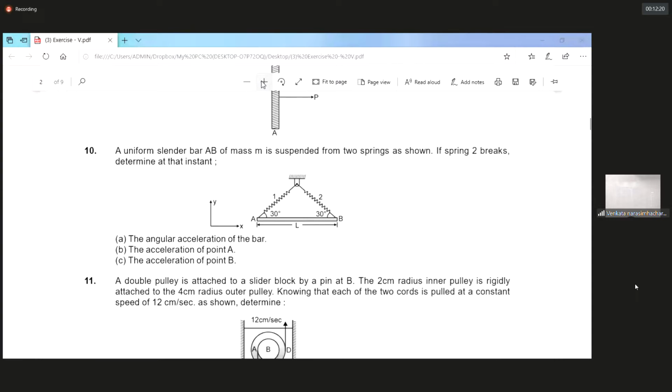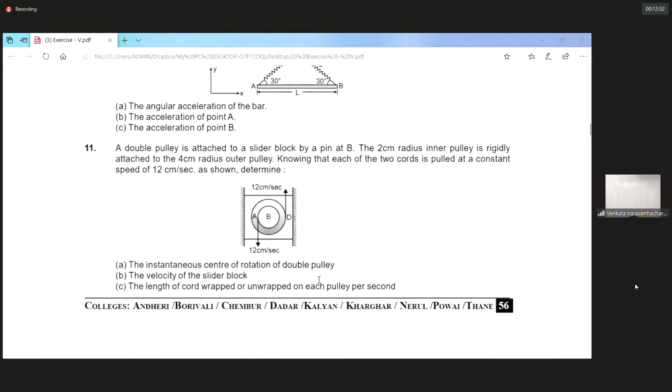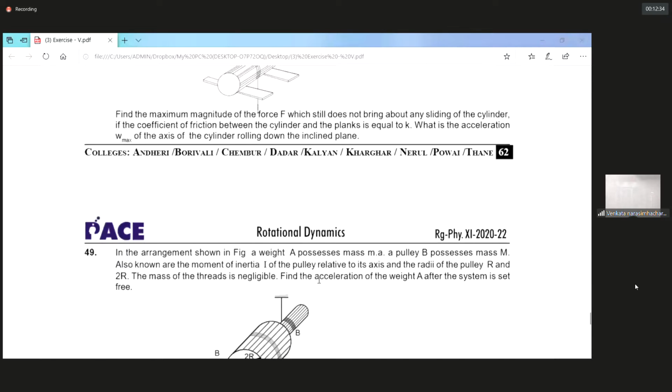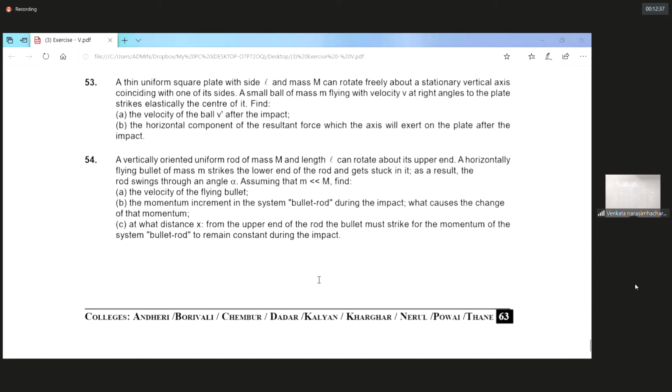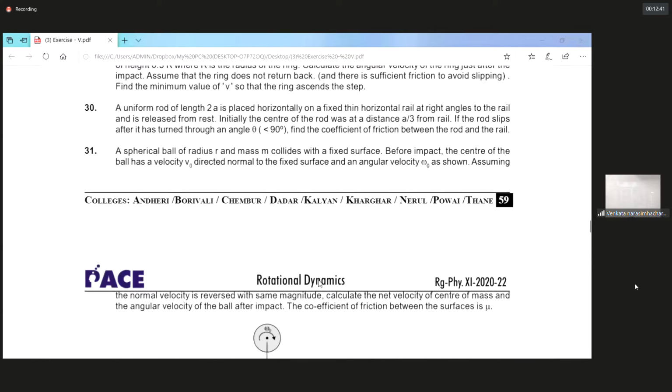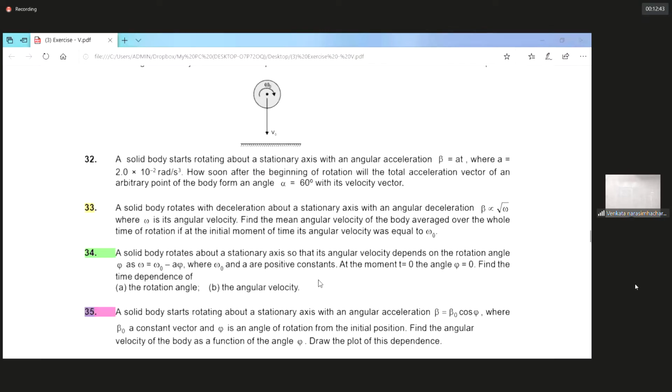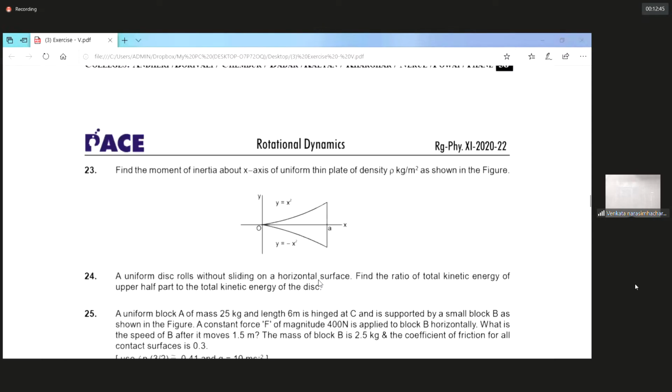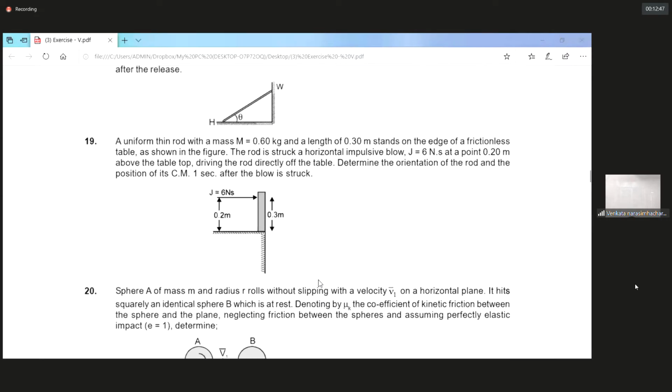Sir, is the answer 5g by 3L? I'm getting 3g upon L, angular acceleration. 10th question, right? I don't have the answers yet. You will have to verify. Okay, sir. So when you solve it, only then we'll check.